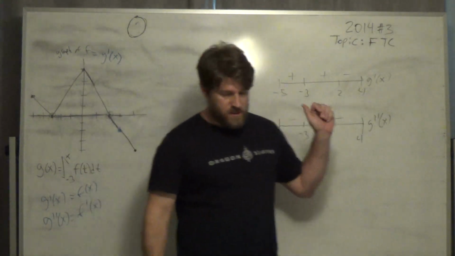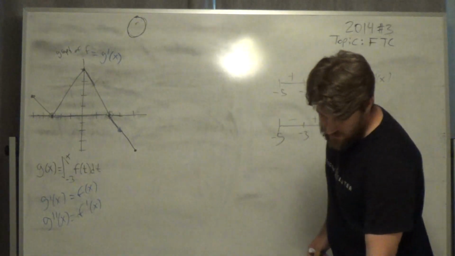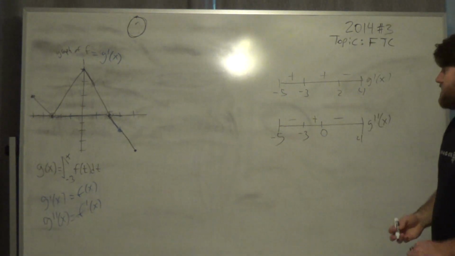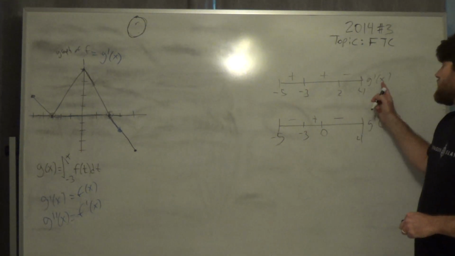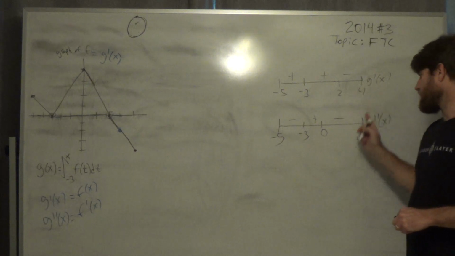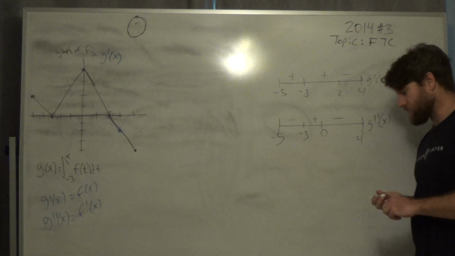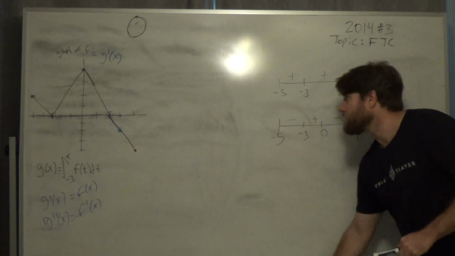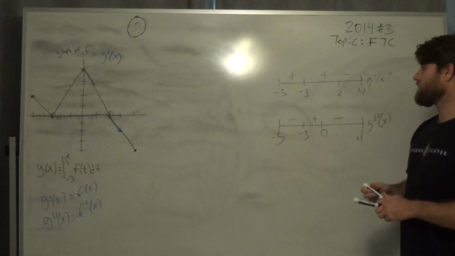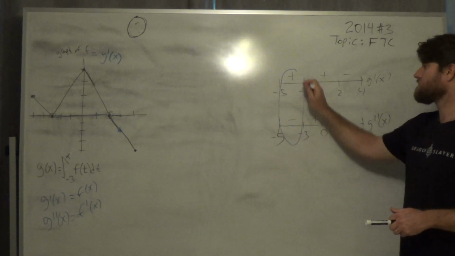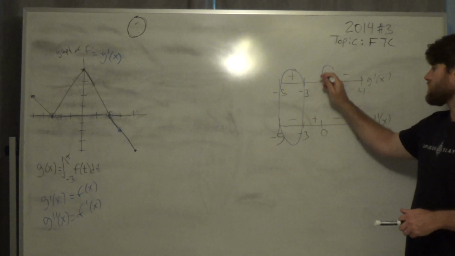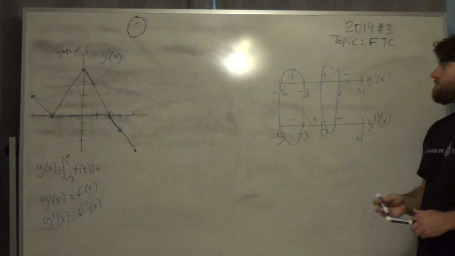All right, now in this problem, they want it to be increasing and concave down. Increasing means g prime x is positive. Concave down means g double prime x is negative. So we're looking for where this one's positive and this one's negative. And we notice that occurs here, and it occurs right in there.